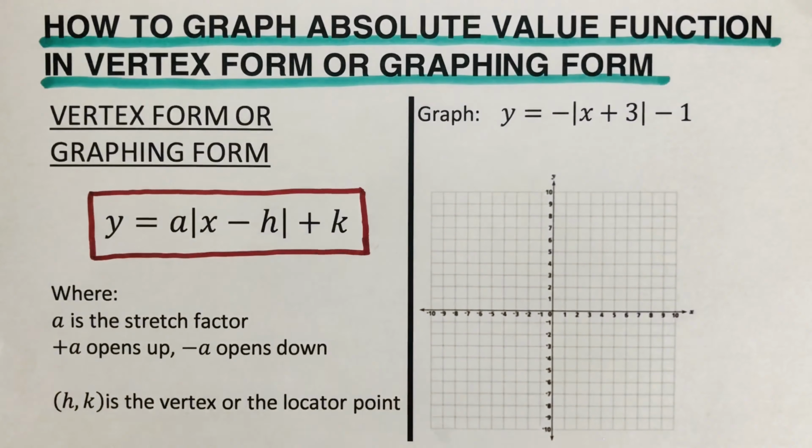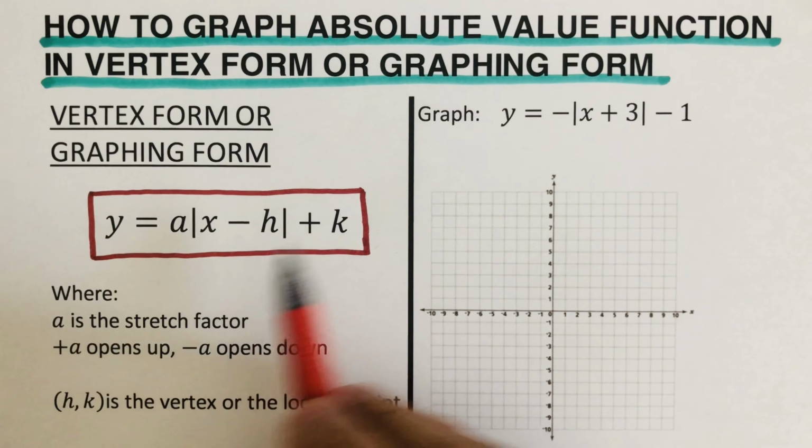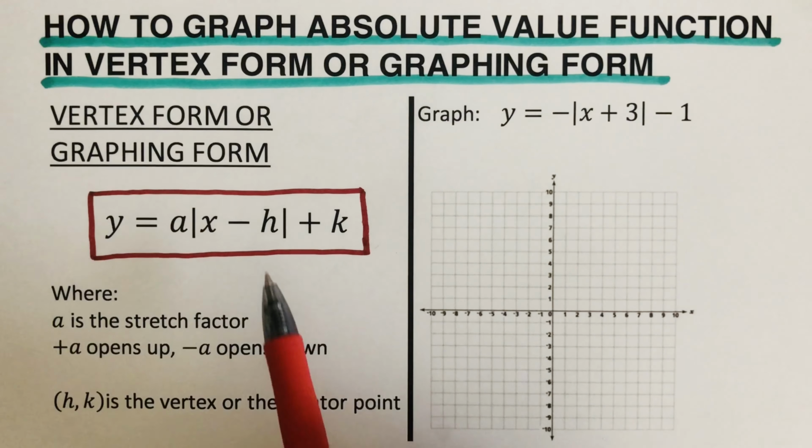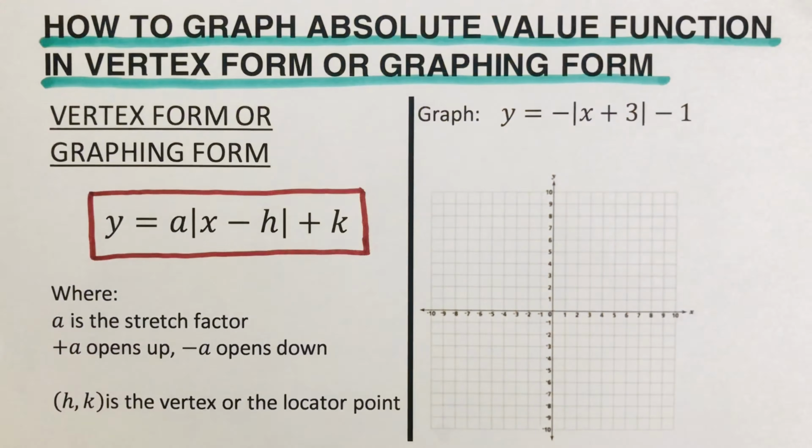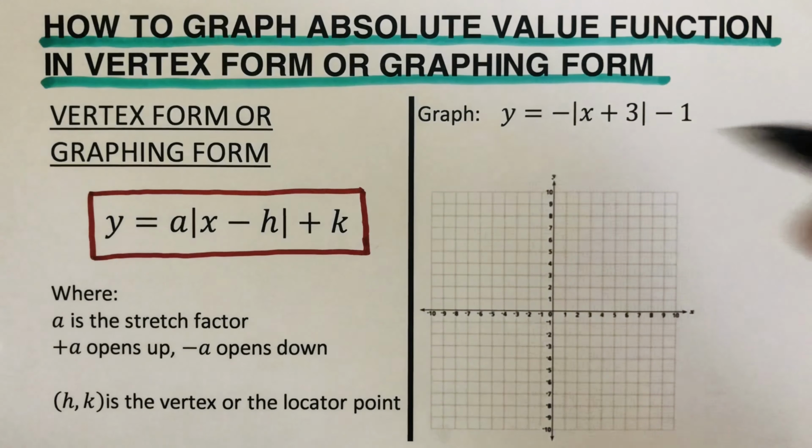So we're given an equation y equals negative absolute value of x plus 3 minus 1. We remember that we need to determine first the vertex. I'll give you the fast trick on how to determine the h and k, but I'm going to show you the whole process here, the math way.